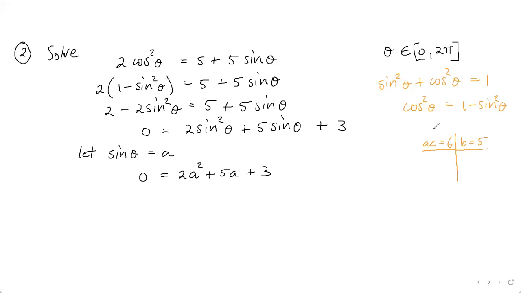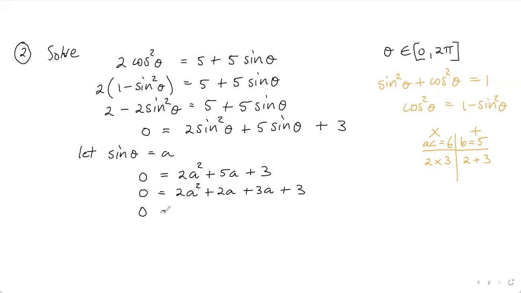So remember, we're looking at what multiplies to give 6 and adds to give 5. So I'm noticing that 2 times 3 equals 6, 2 plus 3 equals 5. So now I take those solutions over here. I have to do a little bit extra working, split that middle term up, 2a plus 3a, have my plus 3.